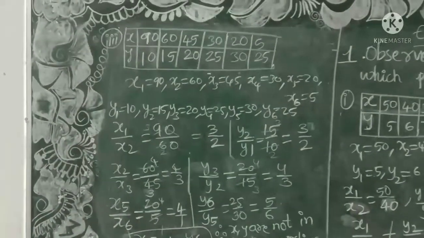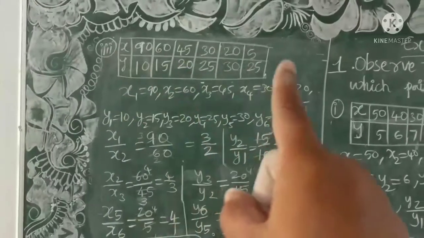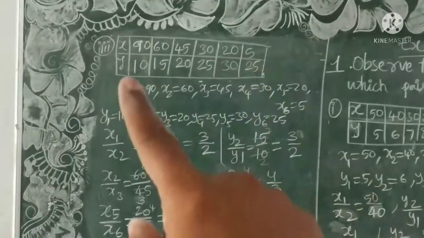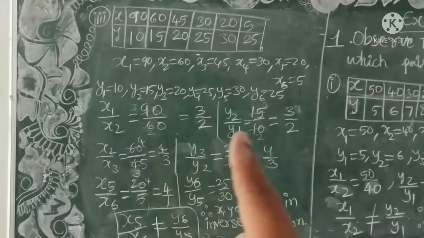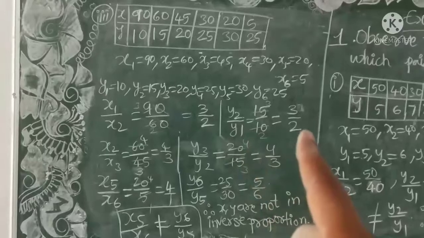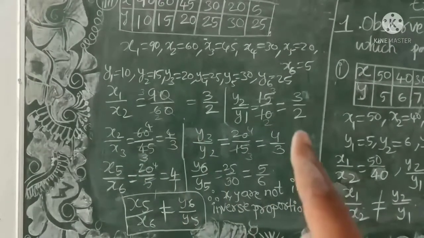Okay. Next, in the third question, x, y: 90, 60, 45 as x values, x1, x2, x3, x4, x5, and y1, y2, y3, y4. If we check, x1 by x2 is equal to y2 by y1 in the first case. Even if I check with x2 by x3, 4 by 3, 4 by 3, we got the same answer.